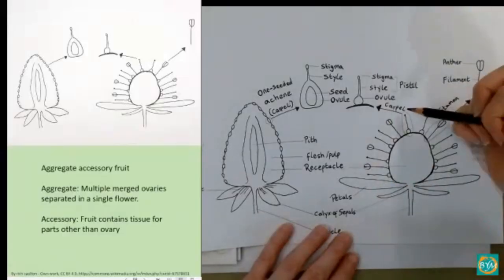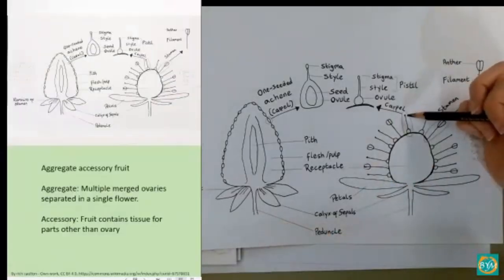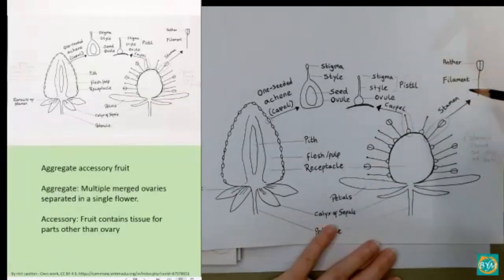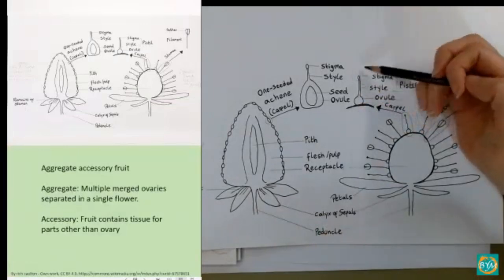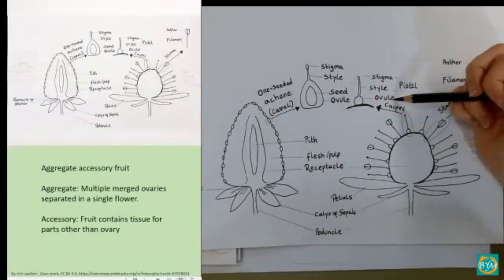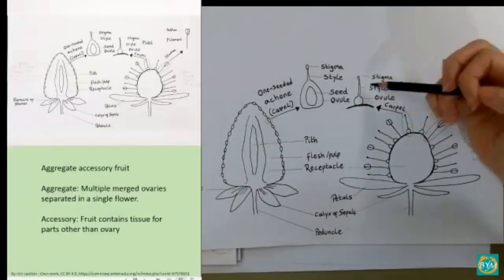So we have actually, let's bring up some words on that slide as well. We have these structures, the pistil and ovary. If we look closely at that, at this point, it's an ovule, style, and stigma we're seeing.